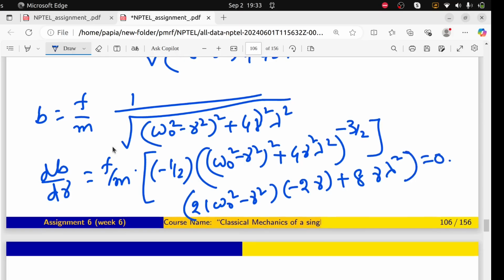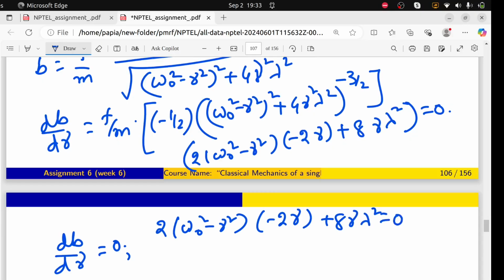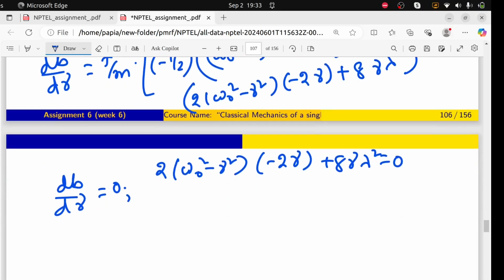Now you can see that this whole will not be 0, so simply 2 omega 0 square minus gamma square into minus 2 gamma plus 8 gamma lambda square is 0. So this is minus 4 omega 0 square gamma plus 8 gamma square lambda square equals 0.